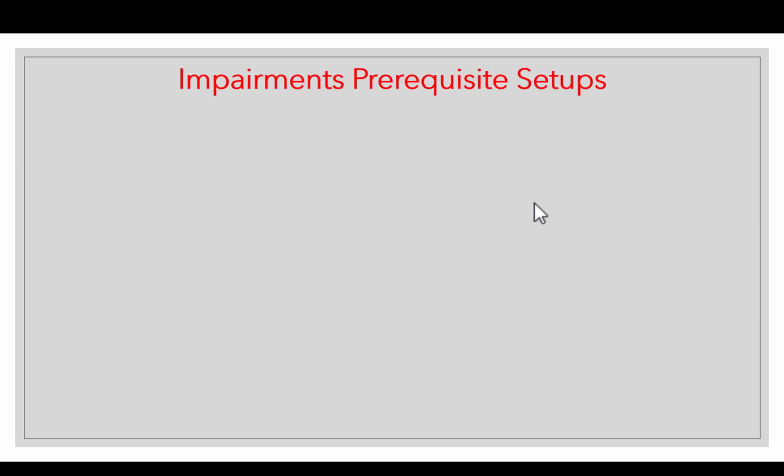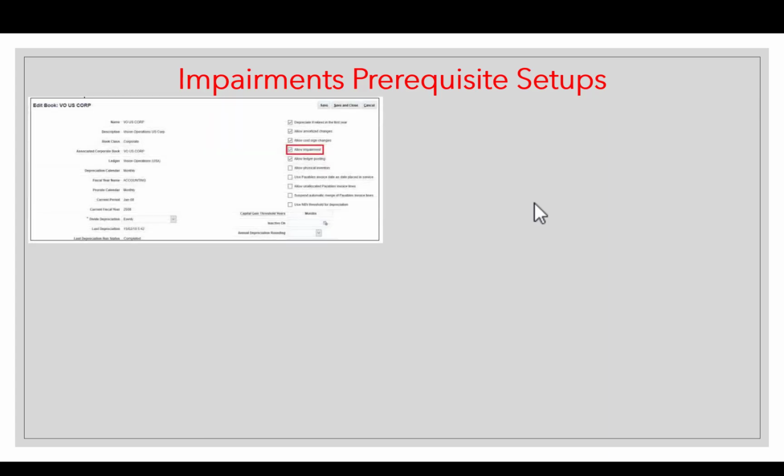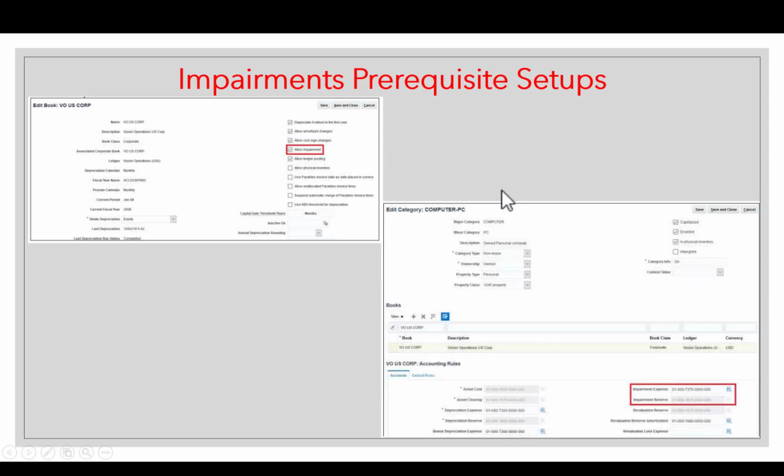So what is the impairment prerequisite setup in Oracle Cloud? We have to update the books to allow impairment, and we also have to set up the impairment expense and impairment reserve accounts for each asset category assigned to the asset book. So for the impairment, let's get into the application.